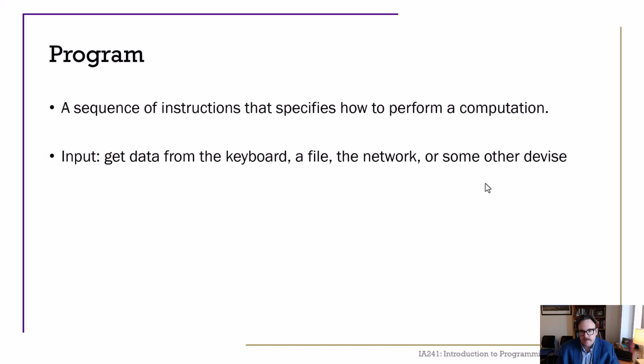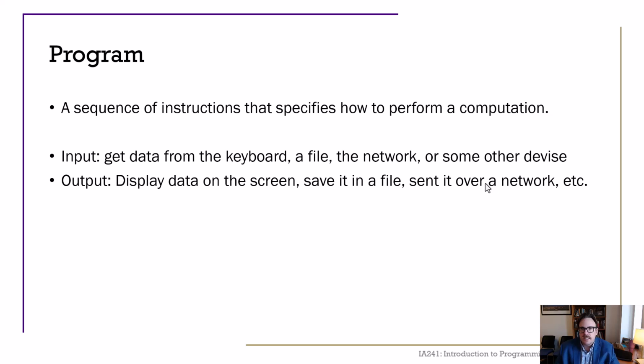So every program has input, right? It takes in information. It gets information from a keyboard, from a file, from a network, from other external sensors, from other things, and takes in that information and then displays an output, right? It does something. So like, let's say you are playing in Excel, right? You're developing a budget in Excel.